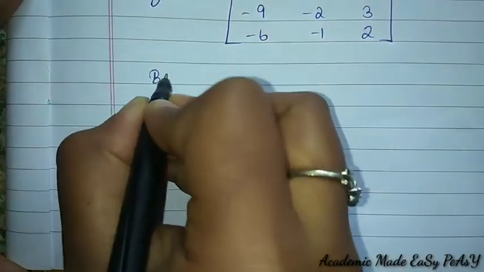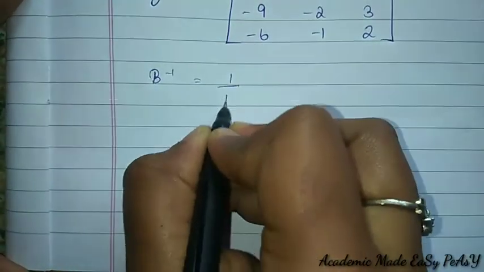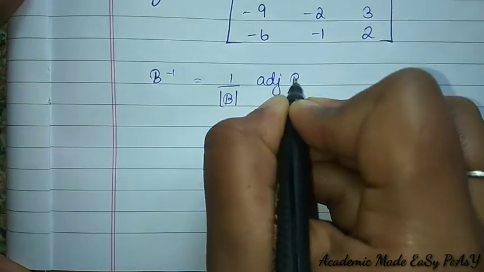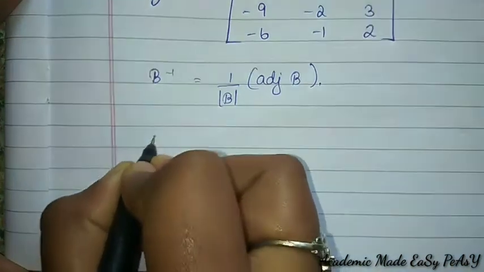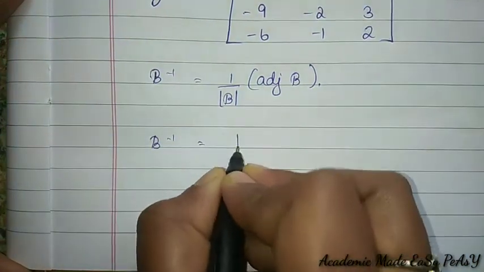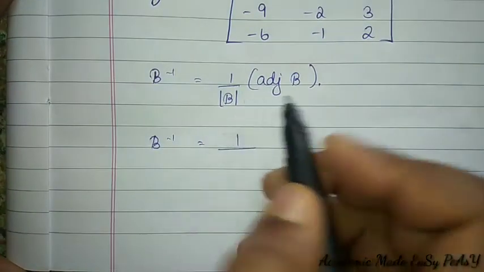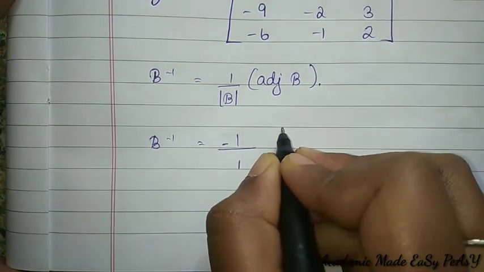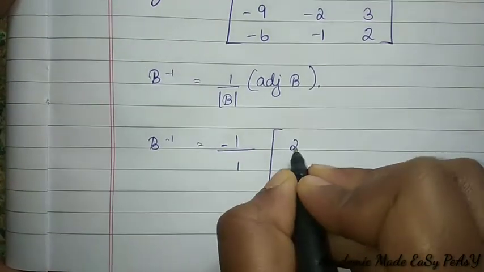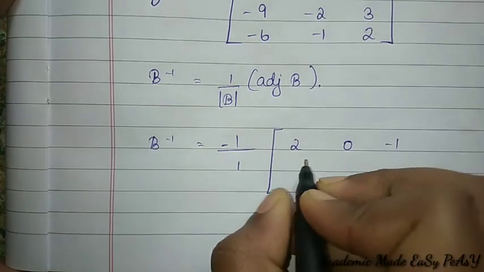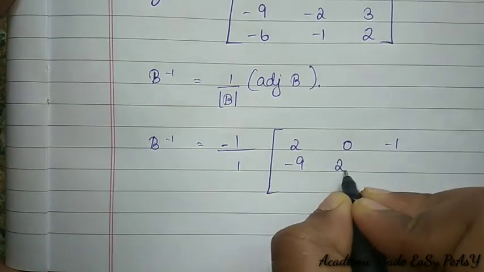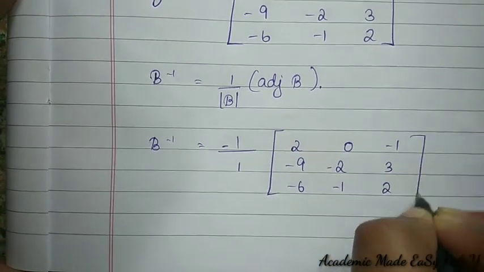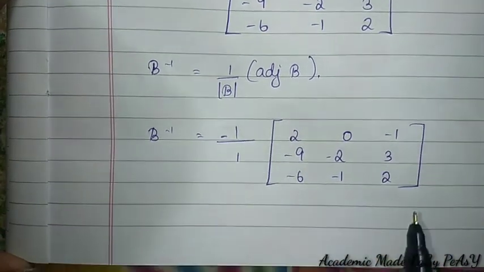So B inverse is equal to 1 by determinant B into adjoint B. What is the determinant B? There it was minus 1. So minus 1, and the adjoint is 2, 0, minus 1, minus 9, minus 2, 3, minus 6, minus 1, 2. So I will be taking this minus sign inside.